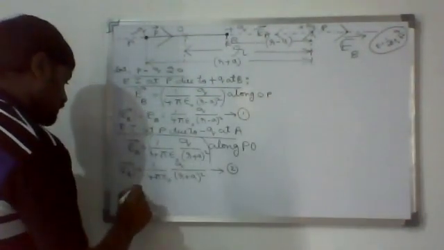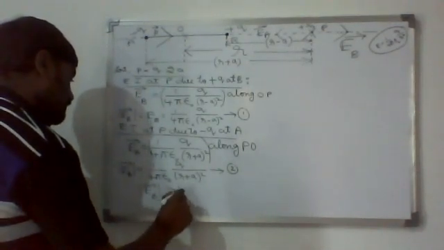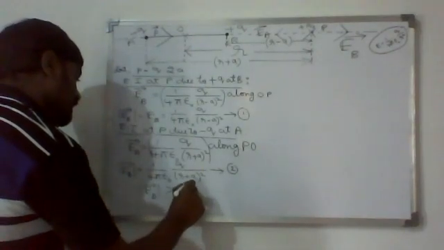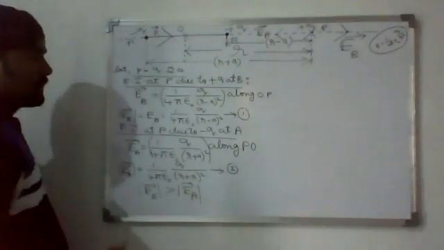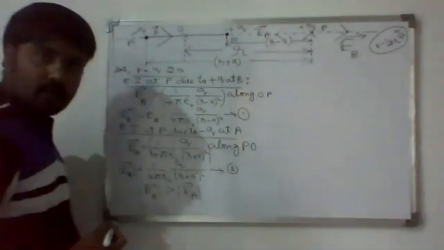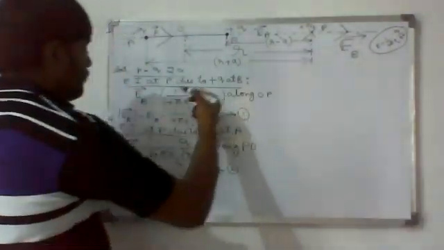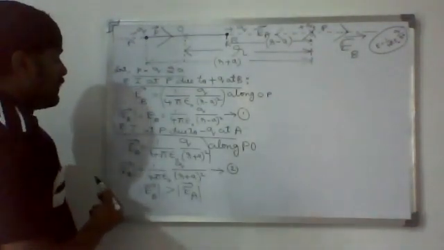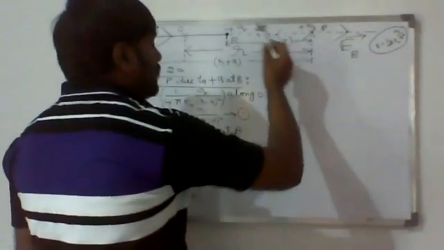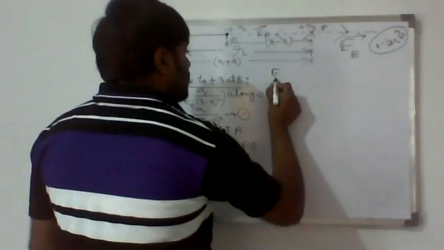Comparing equations 1 and 2, what is your conclusion? The magnitude of the E_B vector is more than the magnitude of the E_A vector. So the magnitude of the resultant of the E_B vector and E_A vector, let us consider that as E axial.